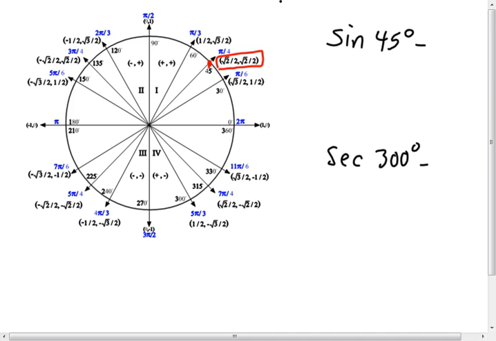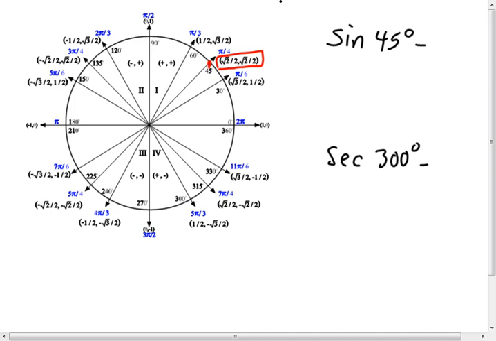The second value, the y value, is the sine, and the reason we can assign that is because the hypotenuse would be length 1 because it's on the unit circle. Every point on the circle is equidistant from the center of the graph, or the origin. So that's why we can assign x and y to cosine and sine.